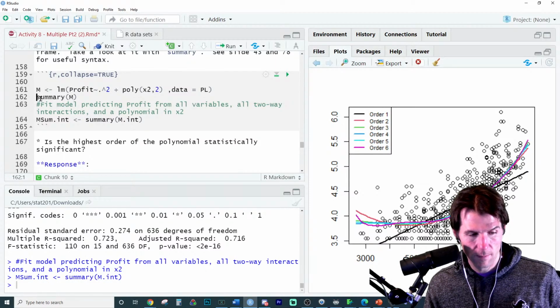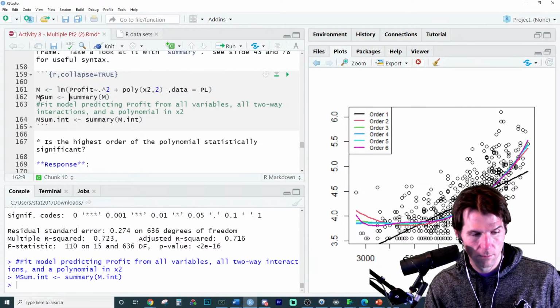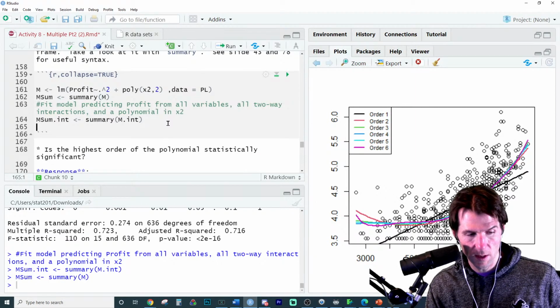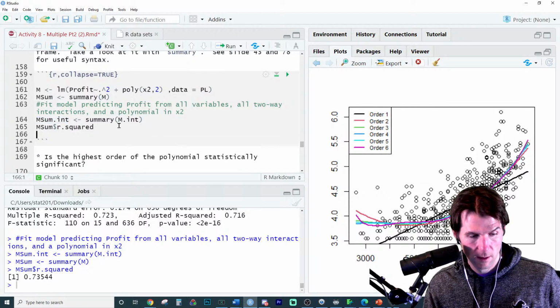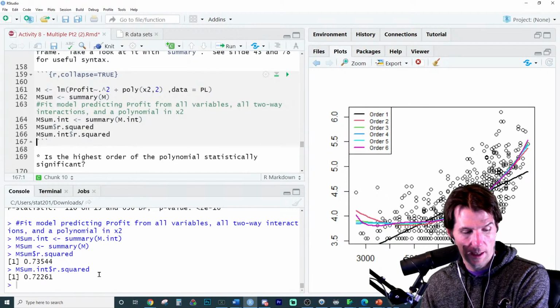Because I think we can go to these and get the msum. Watch this. Here's a trick. And let's get the R squared. There's the R squared of the first model. And here's the R squared of the other model. And so, yeah, it has gone up.